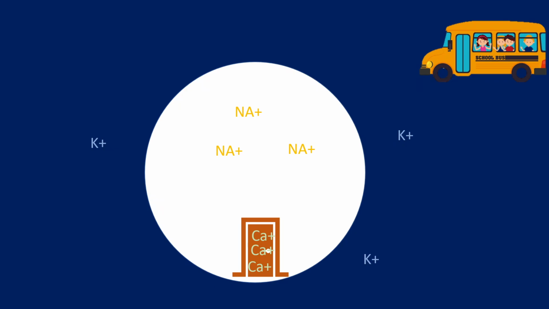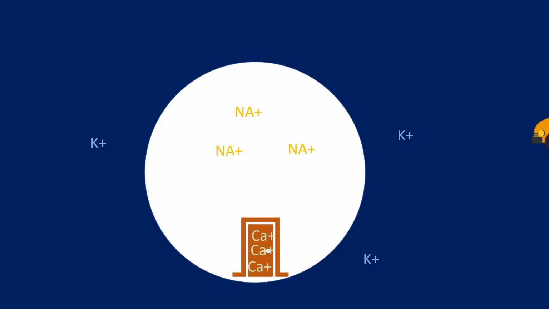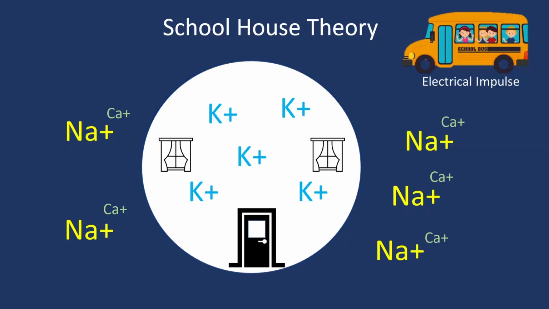So this is what it looks like right now. The school bus driver goes away. Calcium starts coming out because why? Nobody's looking. And so sodium's like, I'm coming back outside. And when sodium comes back outside, potassium's going to go back in.